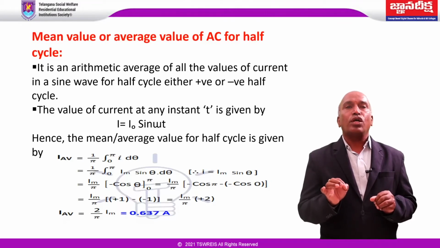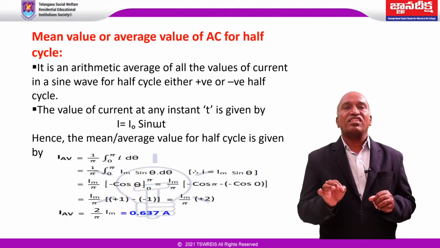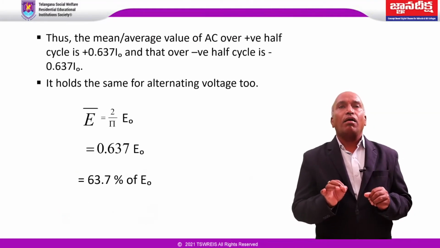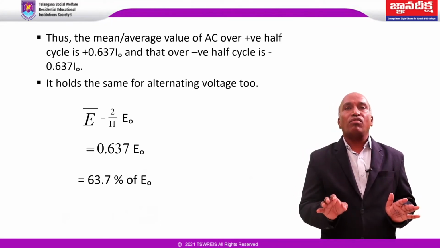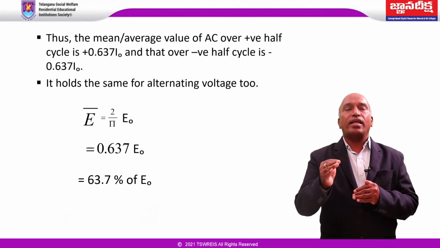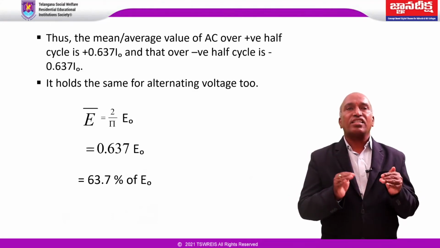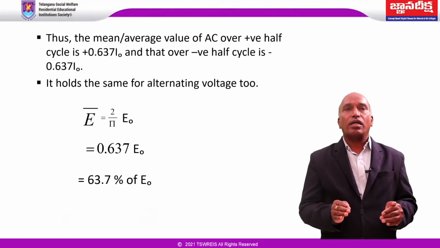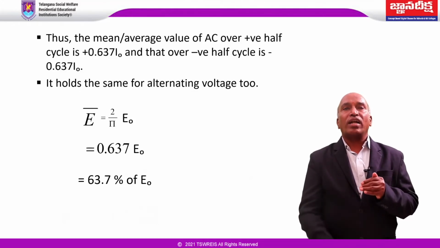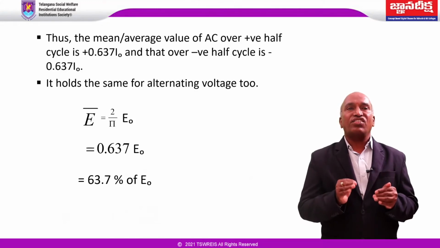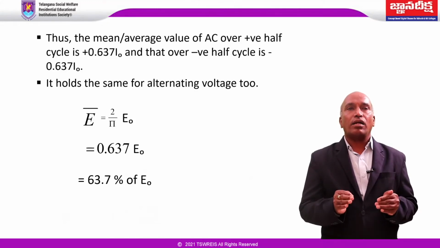That is equal to 0.637 Im amperes. Thus, the mean or average value of AC over positive half cycle is plus 0.637 I₀, and that over negative half cycle it is minus 0.637 I₀.